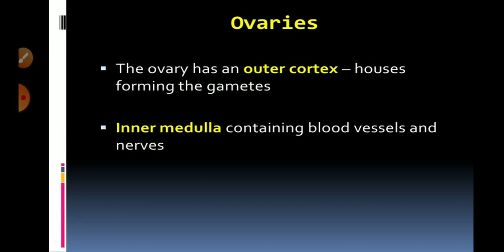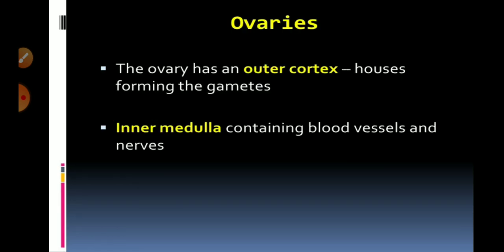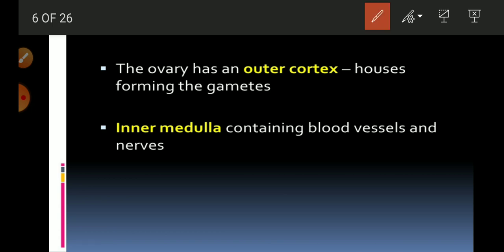So the ovary has an outer cortex that houses the forming gametes, and an inner medulla containing blood vessels and nerves. Each ovary, we'll see the diagram also, is about 3 to 5 centimeter long and 2 to 3 centimeter wide.